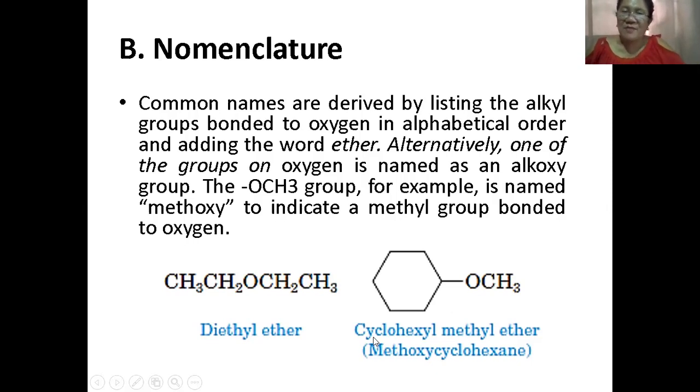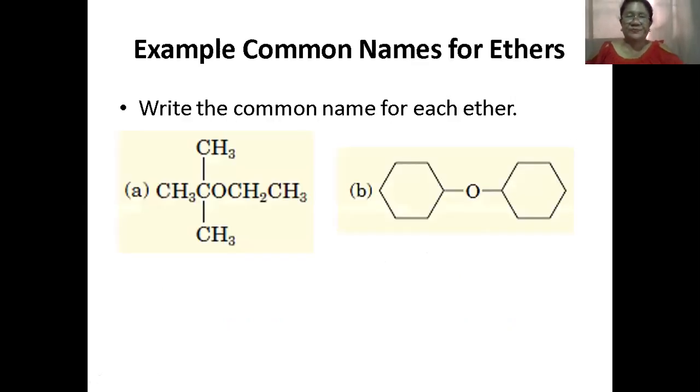If you are going to name this as cyclohexyl methyl ether, first group is a cyclohexyl, second group is a methyl, then ether. So it's cyclohexyl methyl ether. Or kanig kuhaon nimo as an alkoxy group. This is methoxy. Then this one is another group, cyclohexane. So it's methoxy cyclohexane. That is in the naming of ether.